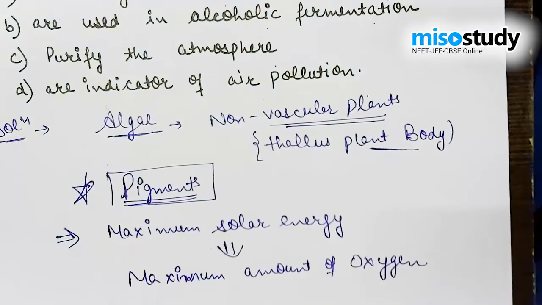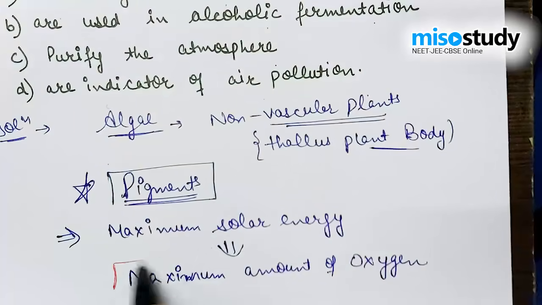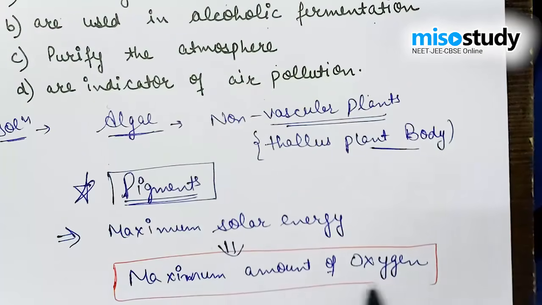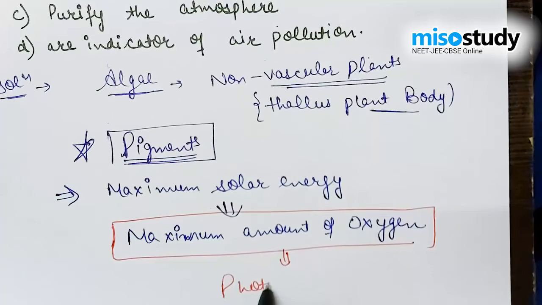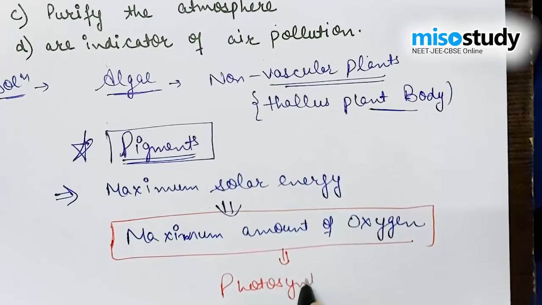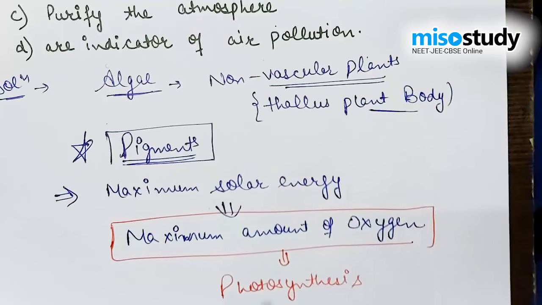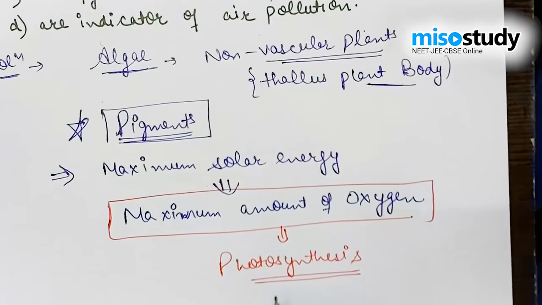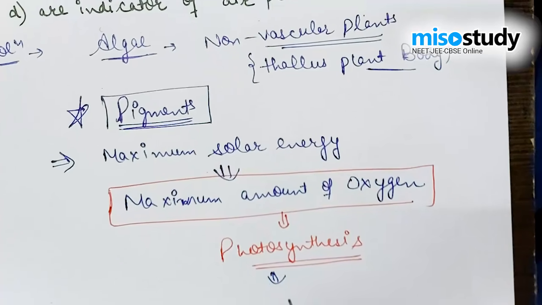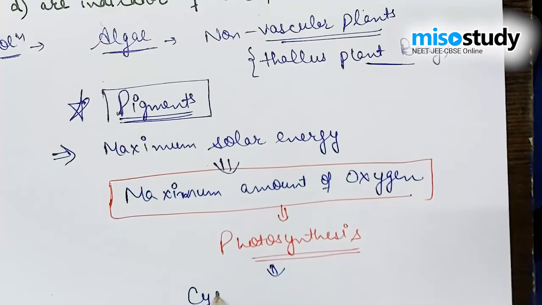How do they produce the maximum amount of oxygen? By the process of photosynthesis.